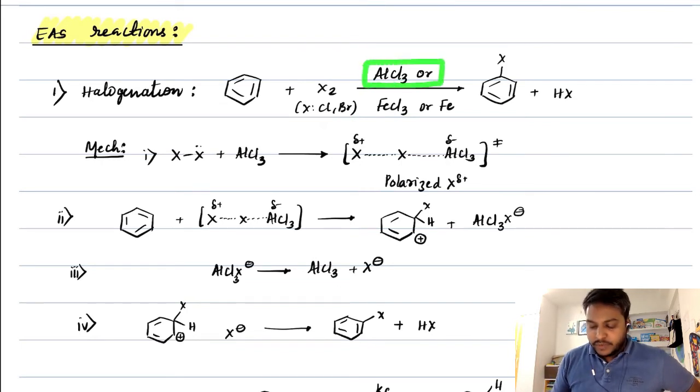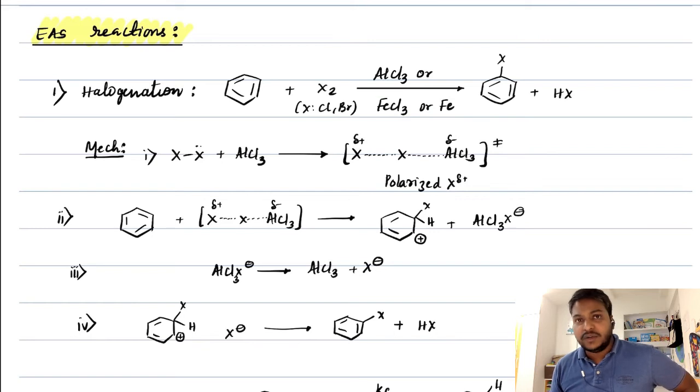We need a Lewis acid like AlCl3, FeCl3, or SnCl2. We can take CdCl2, ZnCl2, many different Lewis acids. And all of these Lewis acids are going to generate the electrophilic character on the halogens. Now you see how it is.